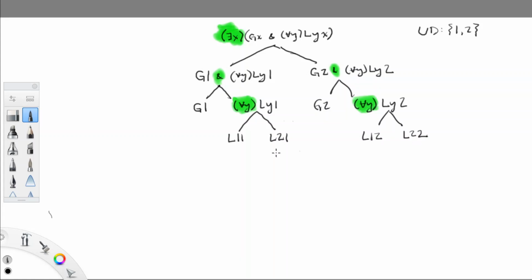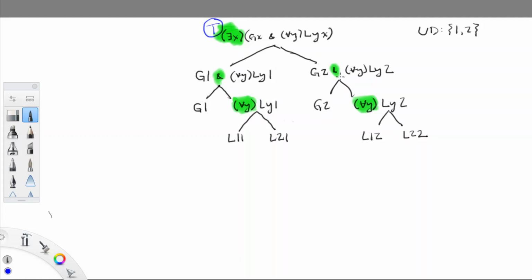Now, we may need to determine the truth value of this sentence in a certain way, depending on the problem. Let's suppose that we need this sentence to come out true. Existentials, in order to be true, have to have at least one true instance. It could be the left instance, it could be the right instance.